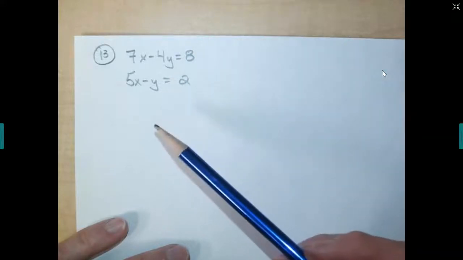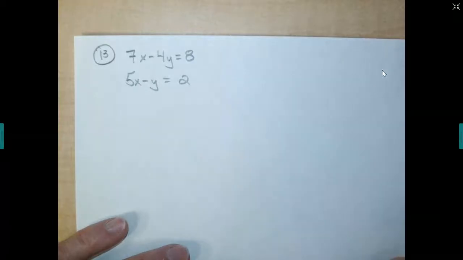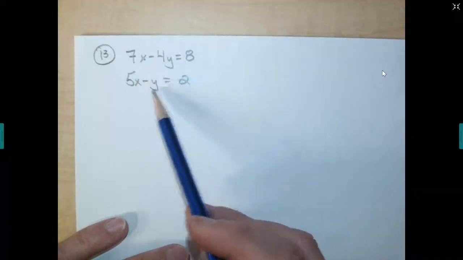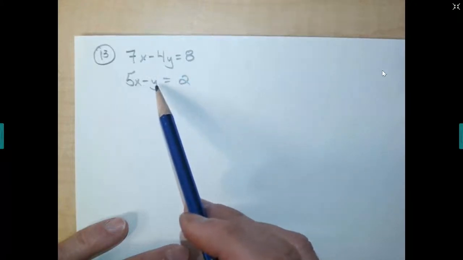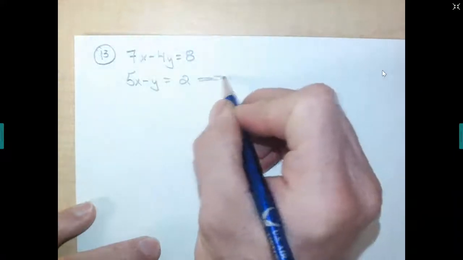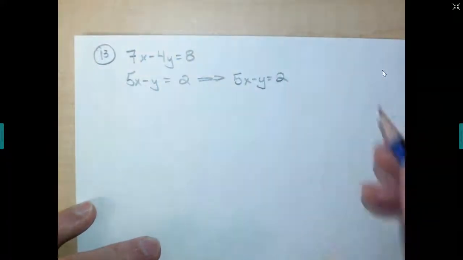Neither of these are solved for x or y, so we have to solve one of these. And since this has 7x and a 4y, this has 5x and a 1y, I want to solve for this one. So 5x minus y equals 2.